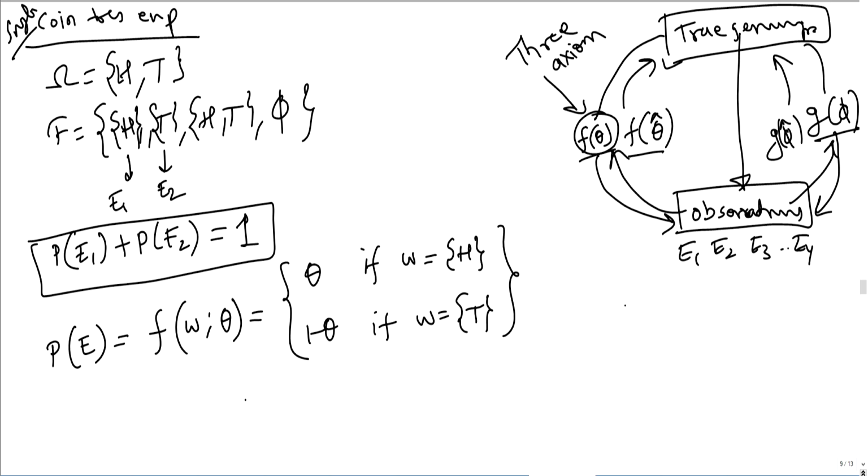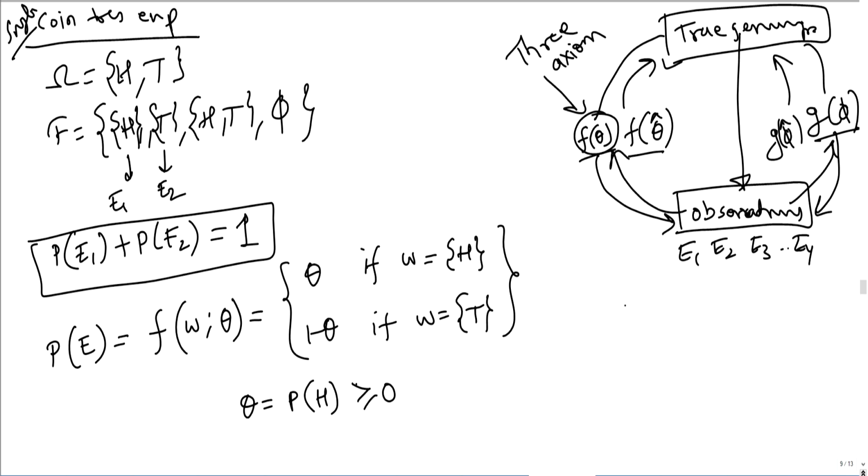What is theta here? Theta is the underlying probability of heads, okay, and it should of course follow this constraint that it should be greater than or equal to 0. What does it mean? It can actually have any value, but the only thing is that it should be greater than or equal to 0. So, for any value of theta this function would work. Why?